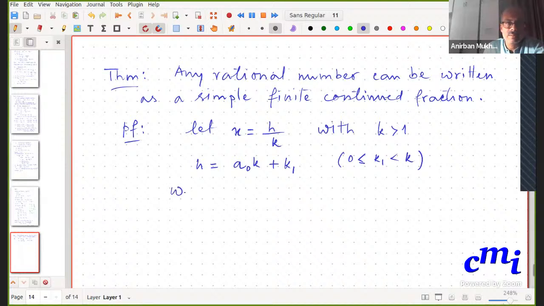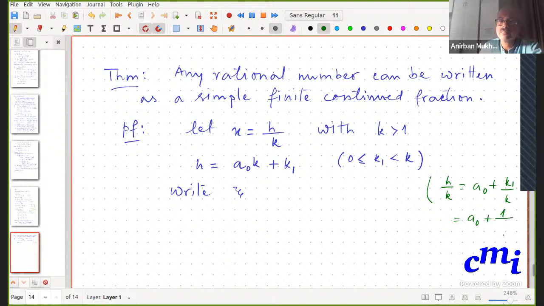And then we are essentially doing the same thing. So h by k is now a naught plus k1 by k. And what we do in continued fraction, we always invert this fractional part. So this inverted one would be k by k1.